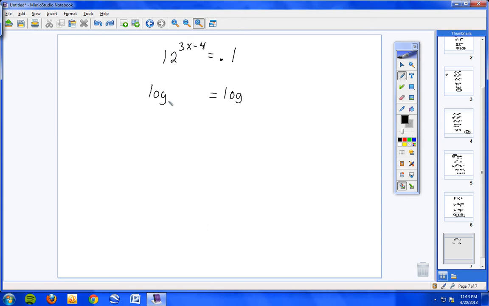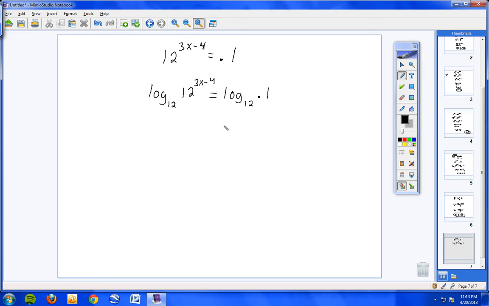So we're going to put log base 12, log base 12. Do you see how to do that? And then bring down this entire side right there, so it looks like this. 12 to the 3x minus 4. And then bring down this entire side right here, so it looks like this, log base 12 of 0.1.